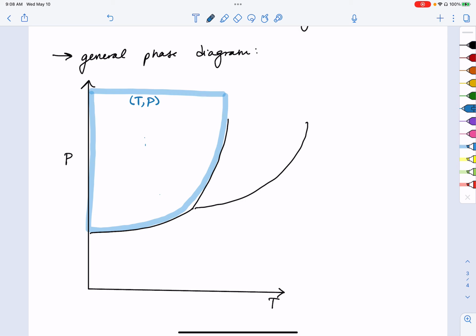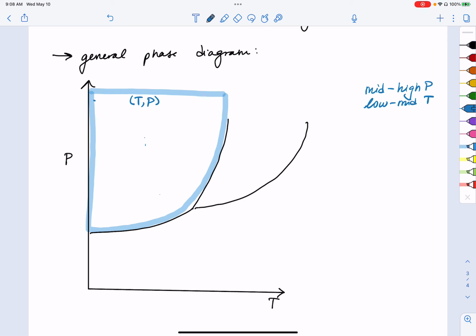Maybe I'll write it over here on the right. We've got mid to high pressures, and we've got low to mid temperatures. So let's ask ourselves what kind of phase is likely to exist at low to mid temperatures and higher pressures. High pressures mean you are pushing something together, right?